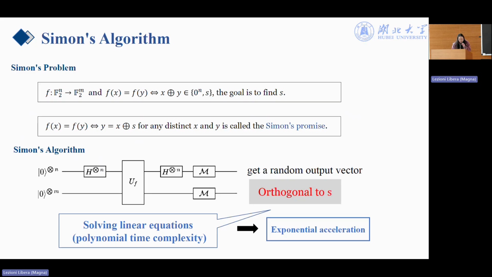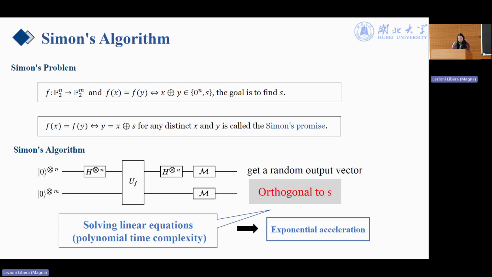Simon's algorithm can be used to solve the same problem. When the function satisfies the promise, we will get a random output vector orthogonal to s.